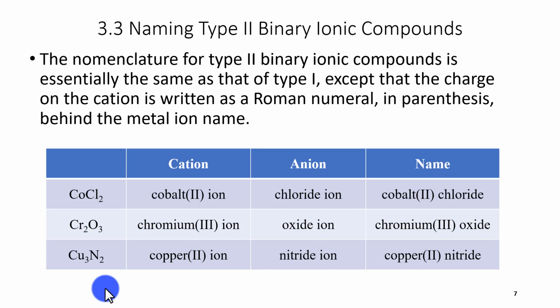For these types, so type 2 ionic compounds, in addition to naming the element's name, the metal's name, I have to put the Roman numeral with the charge following the name of the metal. For example, cobalt, in this case, is cobalt 2 because I have two chloride ions. Each of the chlorides has a -1 charge.